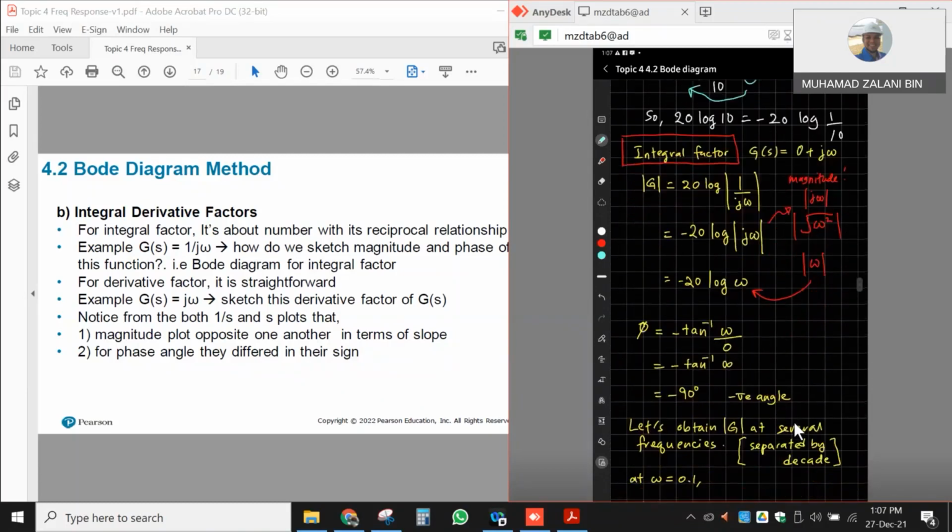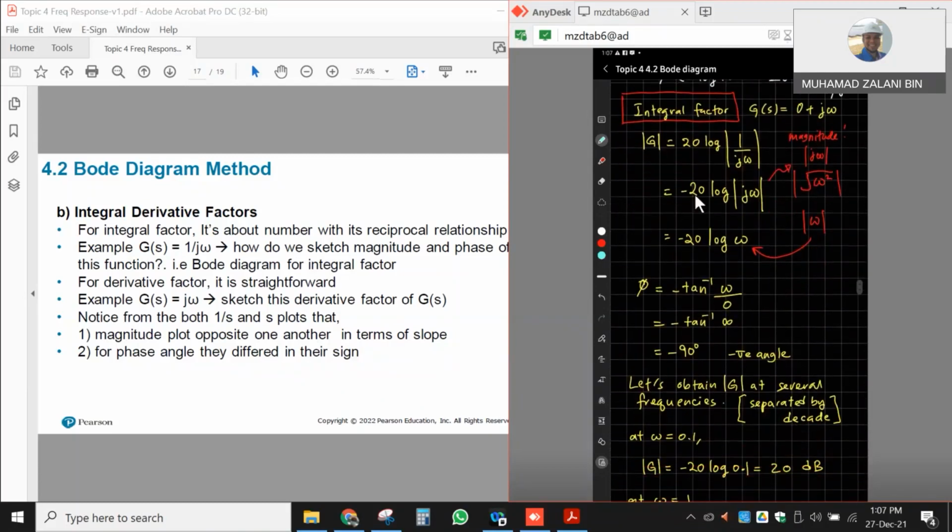So let's see one example of the integral factor like this function. If we have g, we want to calculate the integral factor of g, 20 log 1 over j omega.